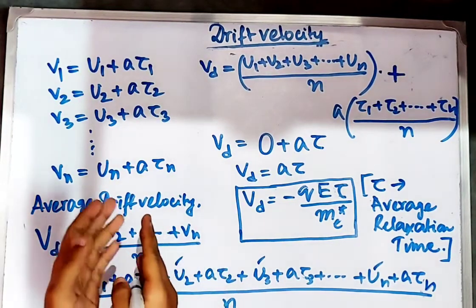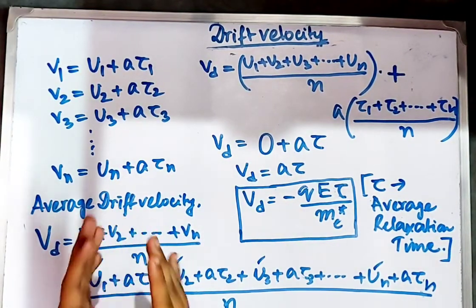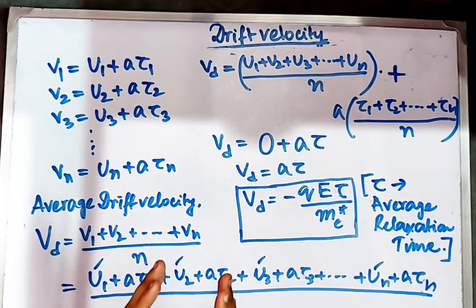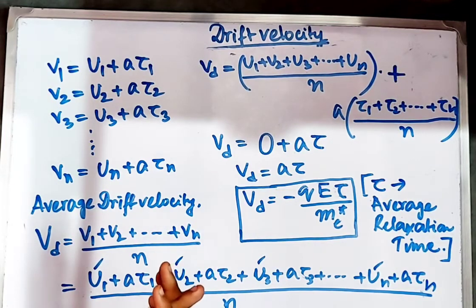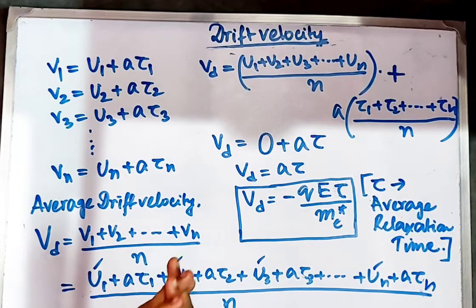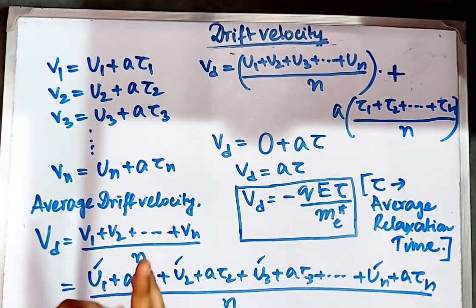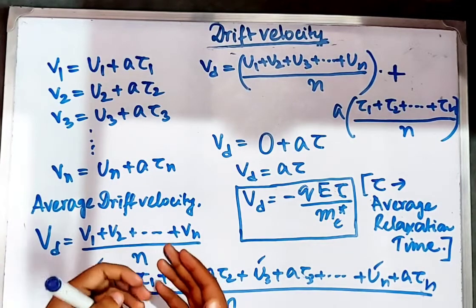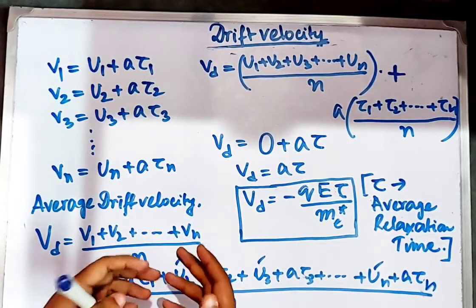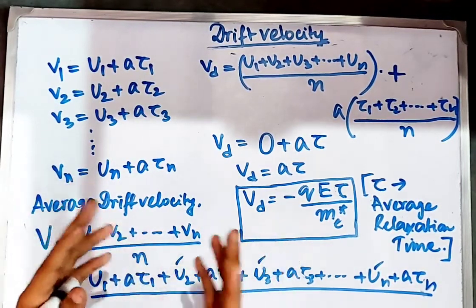So thermal velocity is the velocity in absence of any electric field. Thermal velocity is only related and linked with the temperature at which the semiconductor is. If the temperature of the semiconductor increases, then automatically the thermal velocity increases.